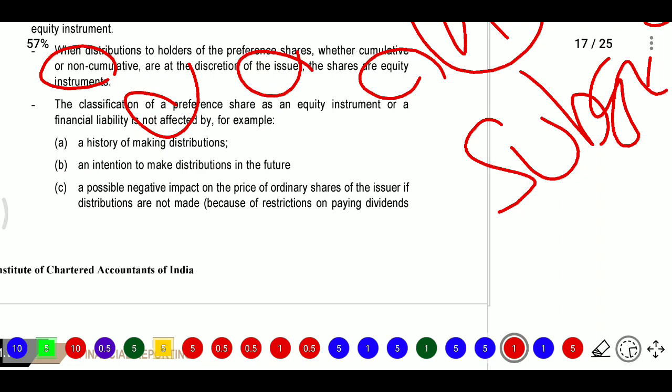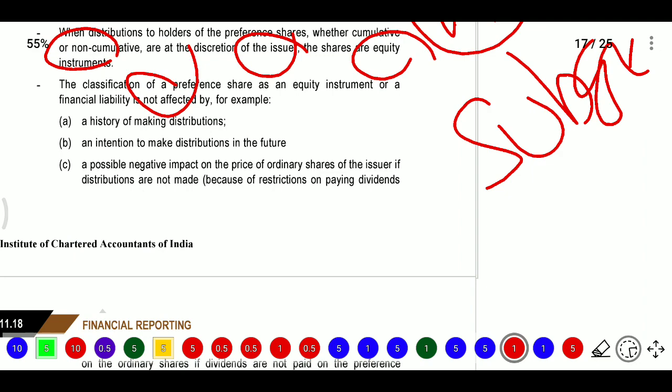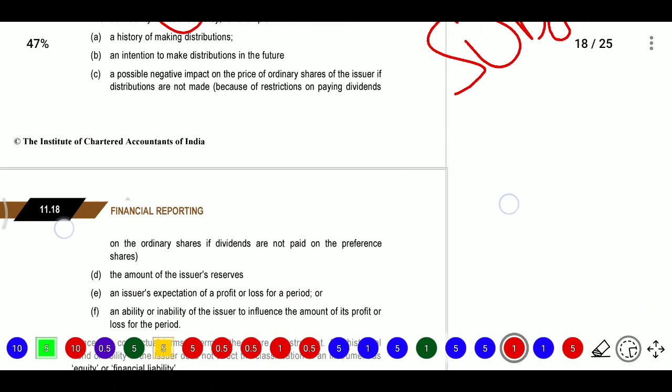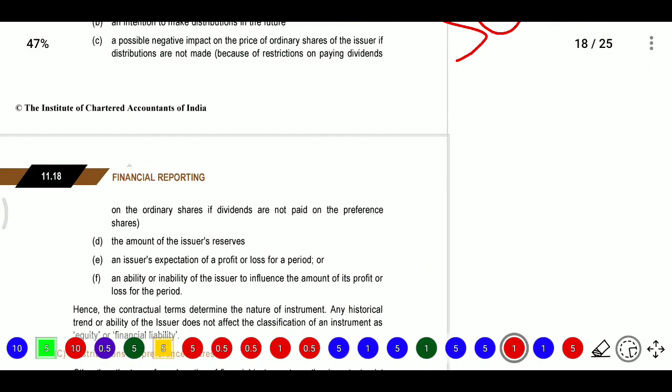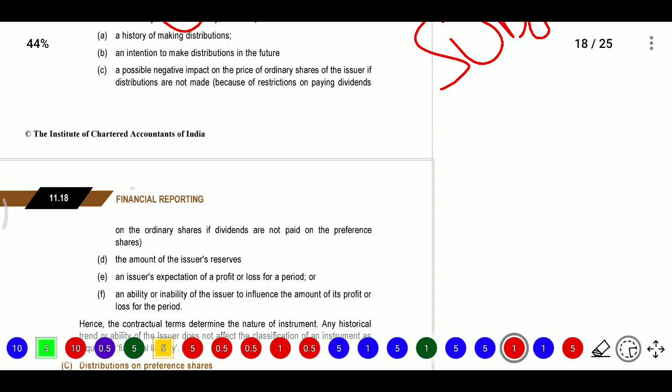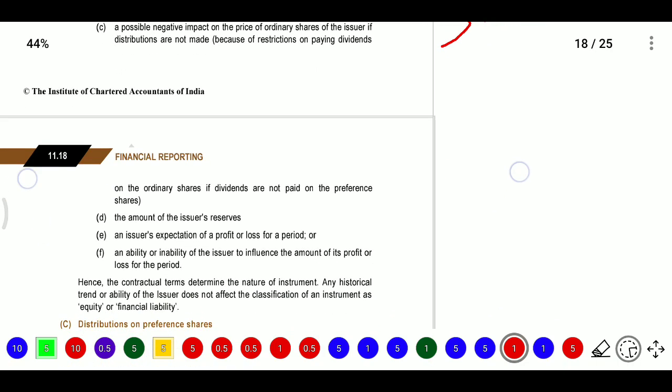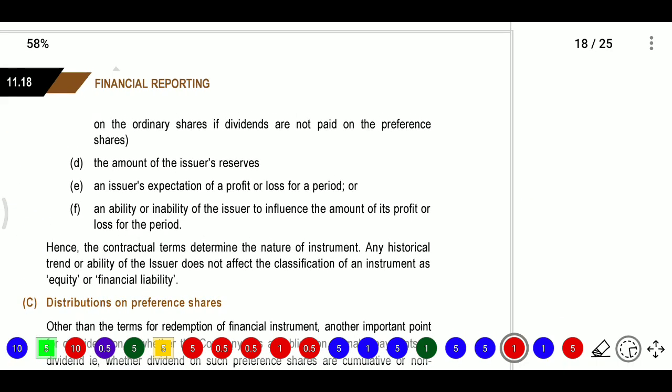Also, a possible negative impact on the price of the ordinary shares of the issuer if distributions are not made, because of restrictions on paying dividends on ordinary shares if dividends are not paid on preferences, does not affect classification. Another case is the amount of the issuer's reserves.